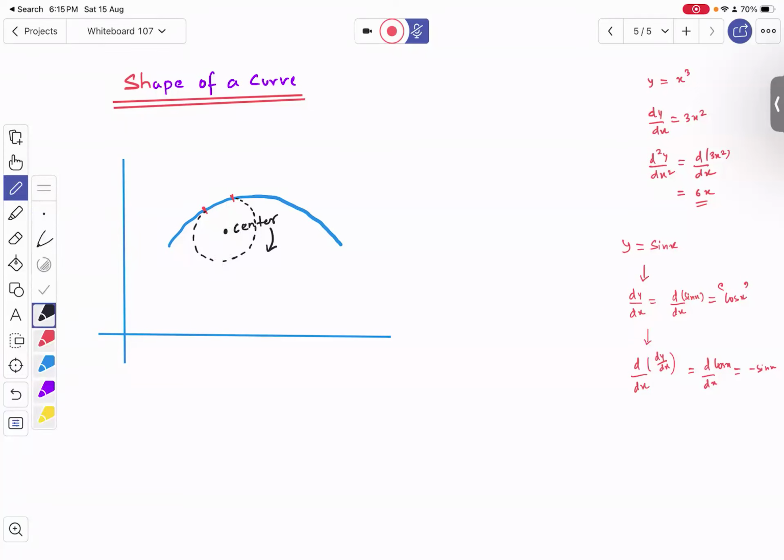The center is called the center of curvature. And the radius of the circle, the one we have drawn at that point, is called the radius of curvature.